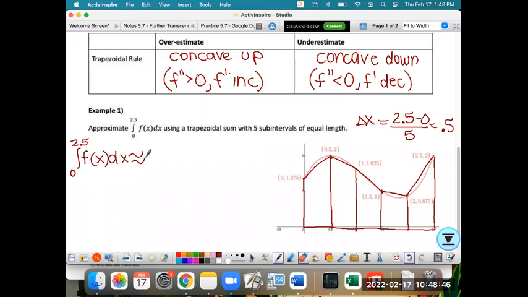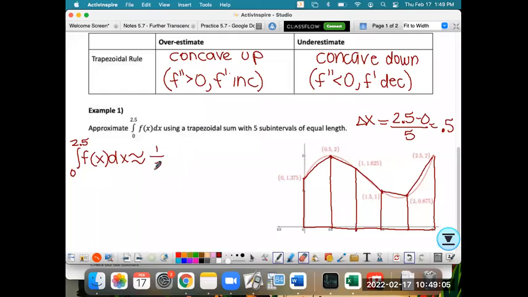So first trapezoid, what's the calculation for that area? It would be 0.5 times 1/2. I'll do 1/2 first. Okay.